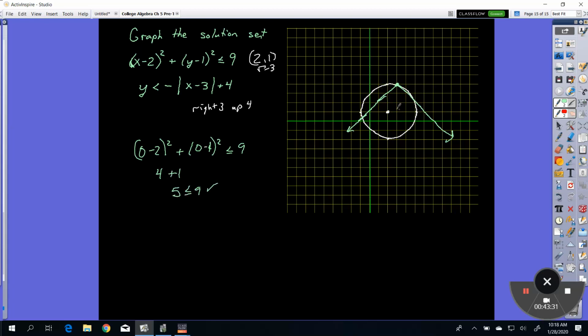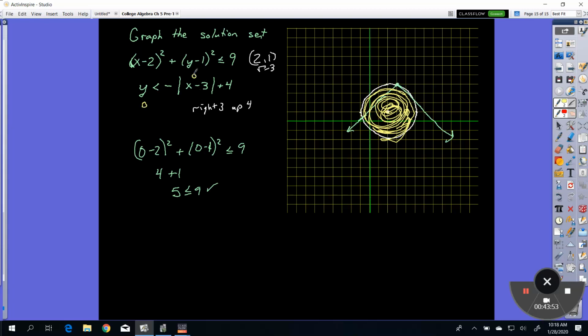So the inside of my circle is all shaded. Now, my absolute value, I'm going to pick the point 0, 0.